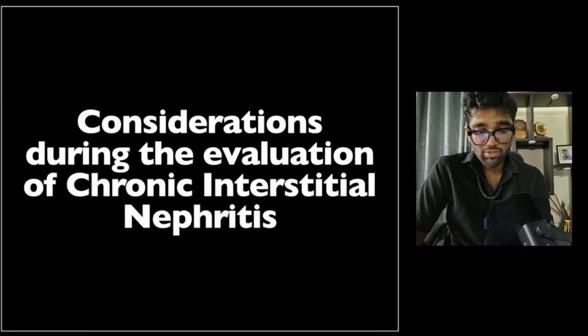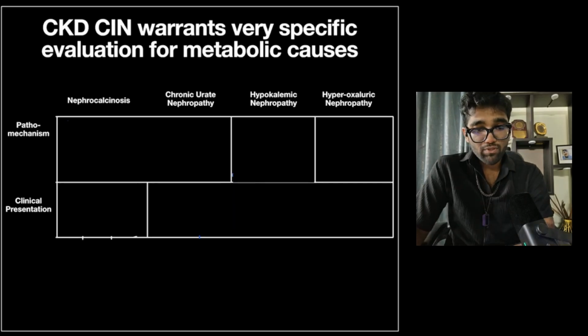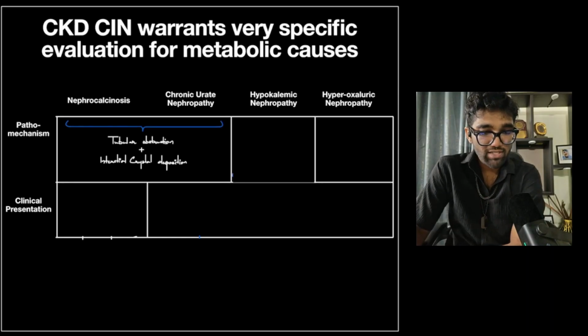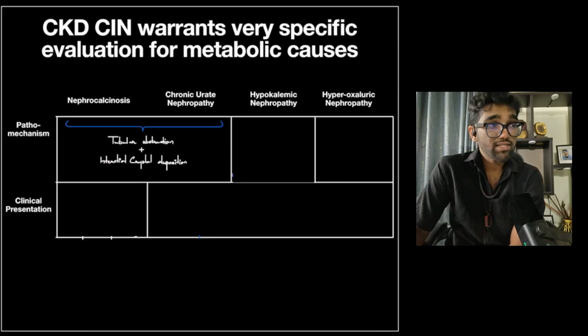Now, coming to the considerations that we have to entertain during the evaluation of chronic interstitial nephritis. Chronic interstitial nephritis warrants very specific evaluation of metabolic causes. That includes nephrocalcinosis and chronic urate nephropathy, in which case you have tubular obstruction by calcium phosphate or uric acid crystals respectively, and secondary interstitial crystal deposition.